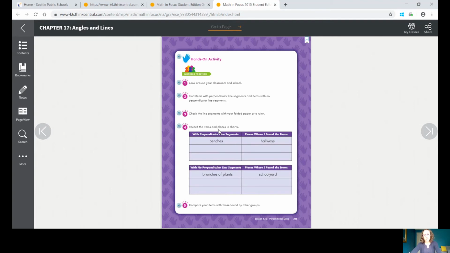Then it says record the items and places in charts. So you can record what you found around your house with perpendicular line segments, where you found them, with no perpendicular line segments, and where you found them. That's a fun activity to do at home. It's really good practice for noticing those in real life.